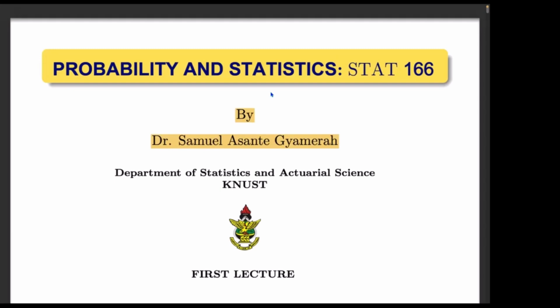Descriptive statistics is all about organizing and summarizing the data using numbers and graphs like histograms, pie charts, bar graphs, line graphs, dot plots, among others.